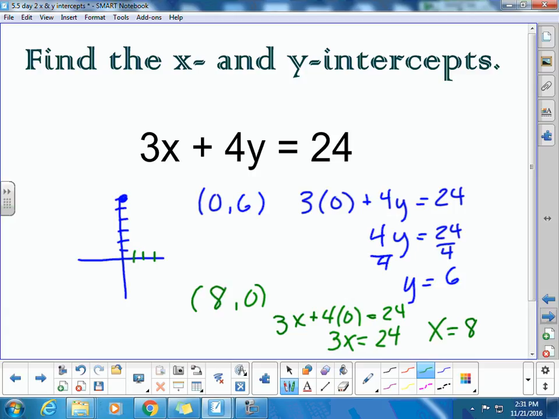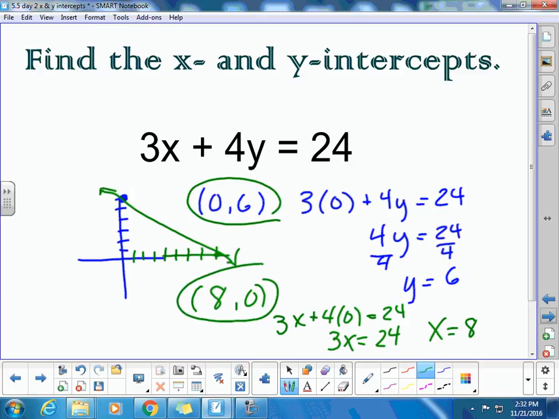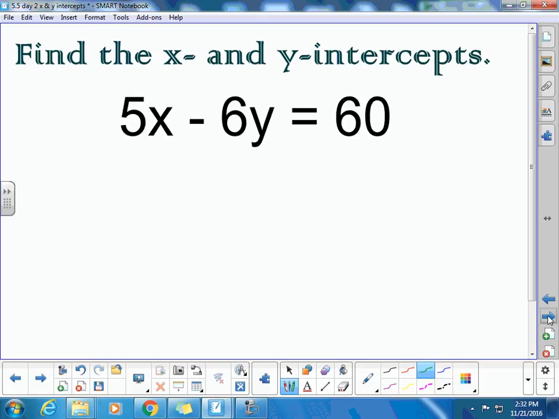So when y is 0, x is 8. So 0 up, 8 over, counting 1, 2, 3, 4, 5, 6, 7, 8, would actually be that graph. Right here is the y-intercept, where x is 0, and this is my x-intercept, where y is 0.